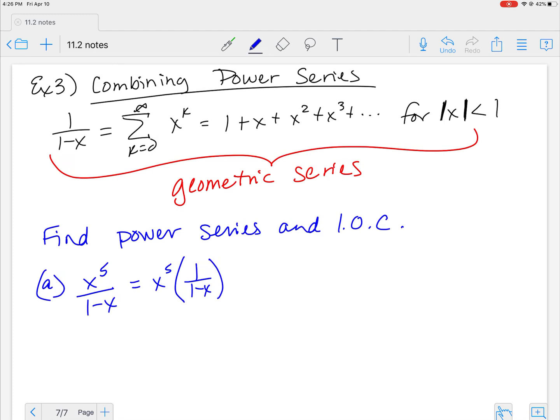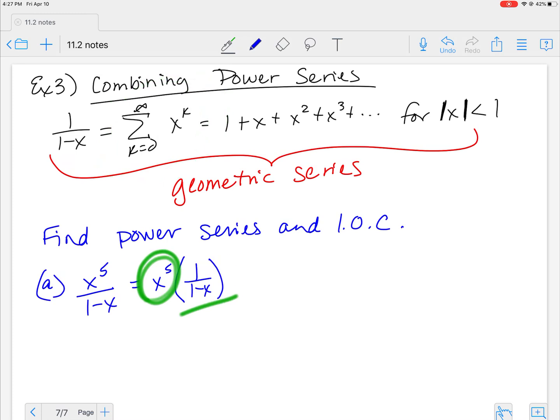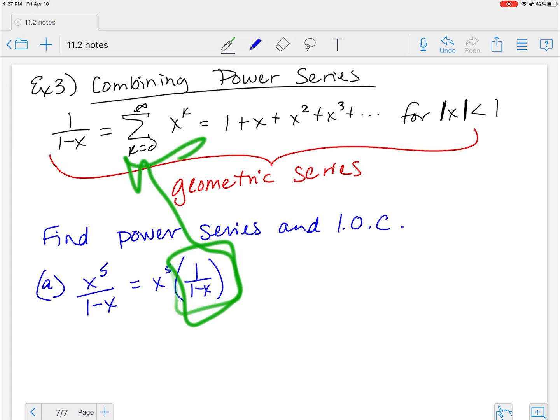You can add or subtract. Any of that kind of stuff is happening. All right? So my geometric series here, if I know I have this series and I have this x to the 5th times this piece right here, this 1 over 1 minus x piece can be replaced with this series notation.